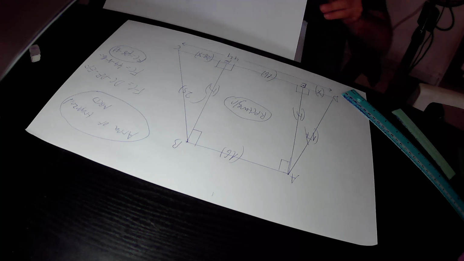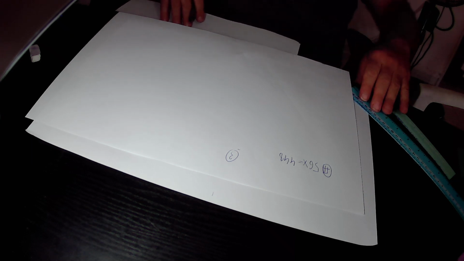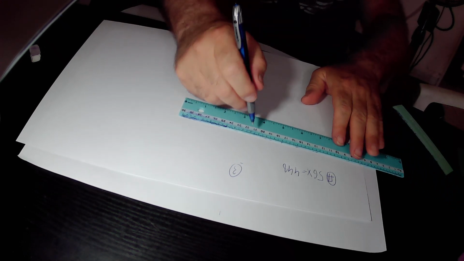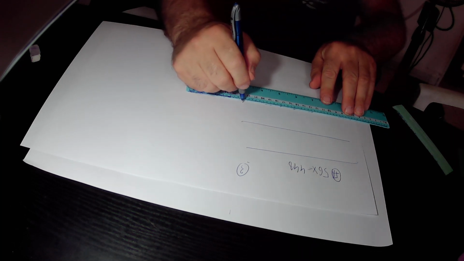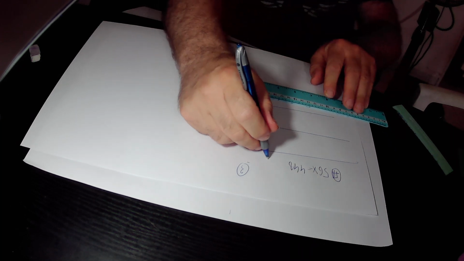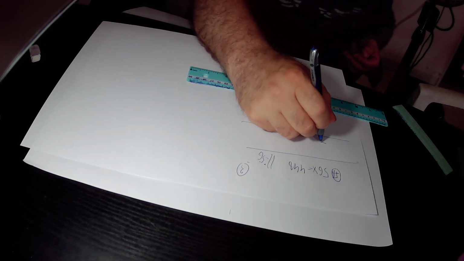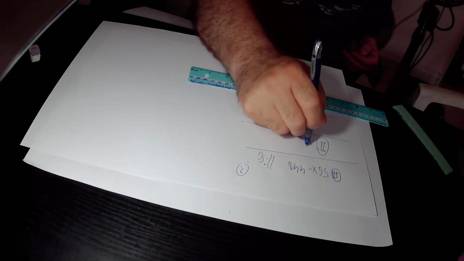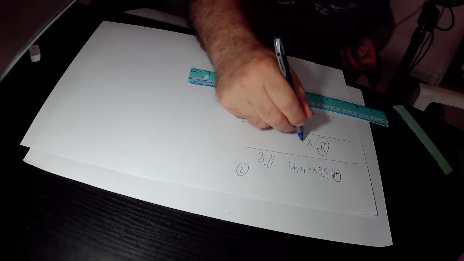Again, we found out that 56x equals 448. So here we divide this equation 2 by 56. And finally we get that according to this equation 2, x equals 448 over 56, which equals 8.